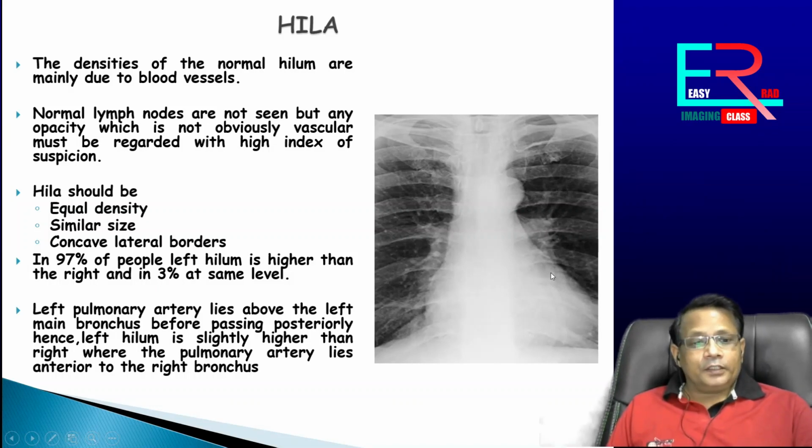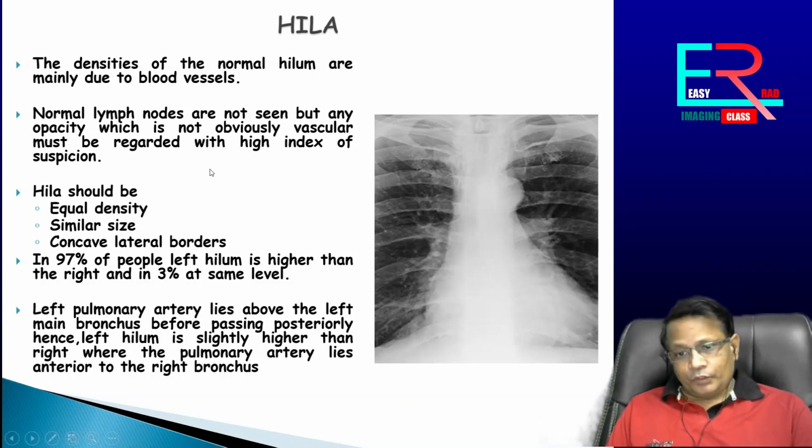Usually you will find the left hilum is upside and the right hilum is downside, and the normal lymph nodes are usually not seen. But any opacity other than this vascular opacity should be regarded with a high index of suspicion. So usually these hila should be of equal density, should not have any increased density on one side, particularly any disparity. Always suspect an abnormality.